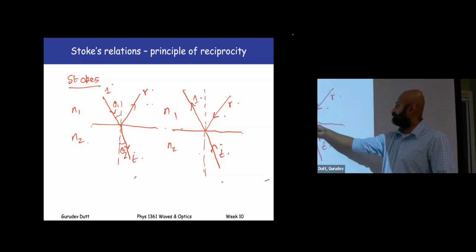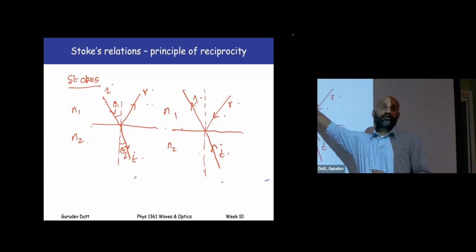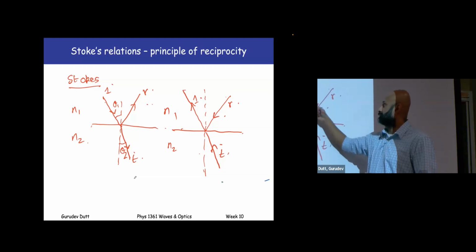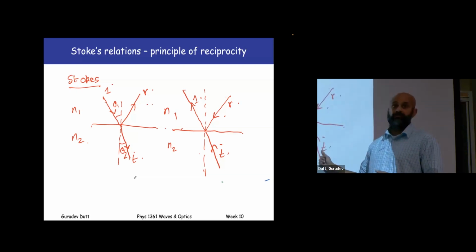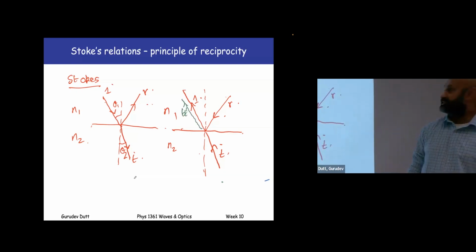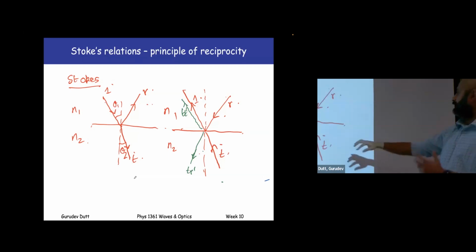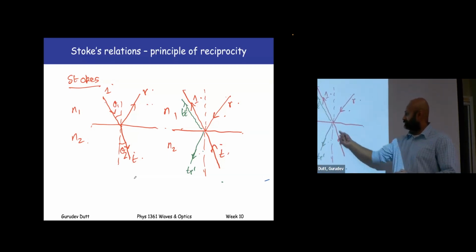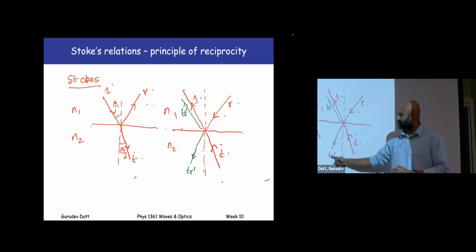And this beam, which is coming from here to here, is of course again reflected by an amount R, so it must give me R squared. So these two beams combining will give me R squared plus T T prime, which must be equal to the incident amplitude 1. Okay. So that's just drawn there, T T prime, and also I should mention, of course, there must be a reflection of this beam at this interface, which must be R prime, T times R prime. That's the green.